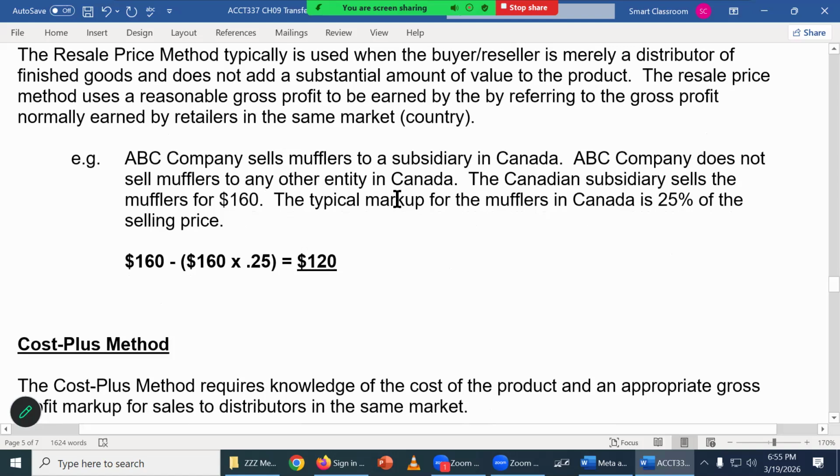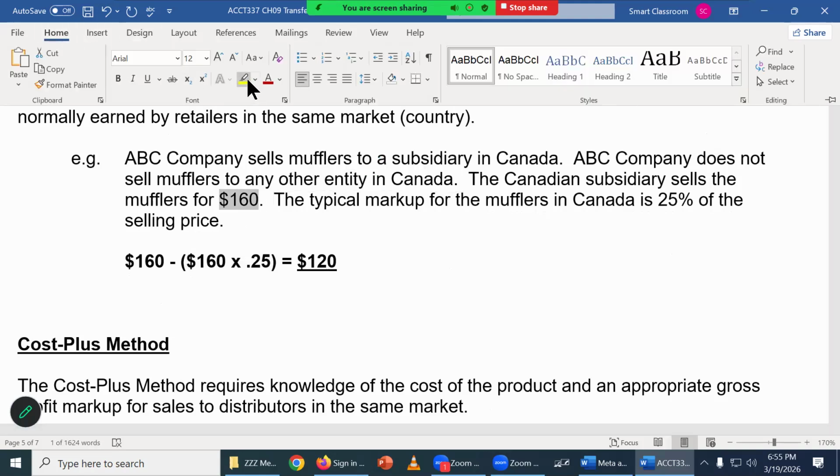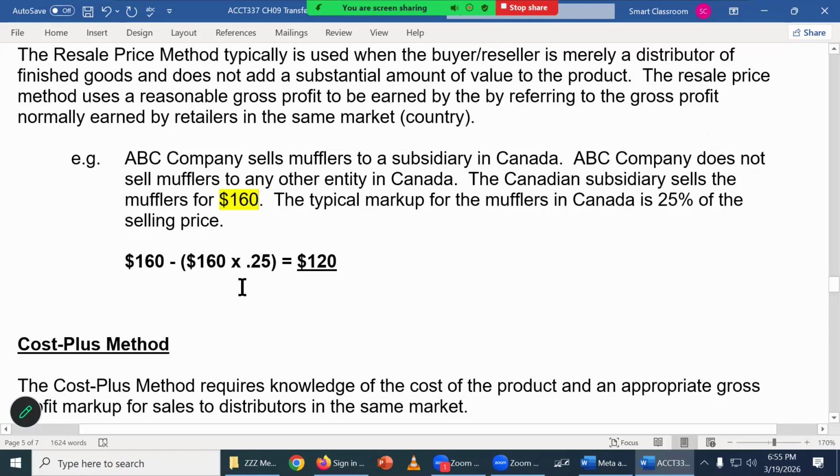The typical markup for mufflers in Canada is 25%. So that's how much of the selling price is profit. They sell mufflers in Canada for 160. That's usually what people up there charge for mufflers. And they usually have a profit of, the selling price is 25%.